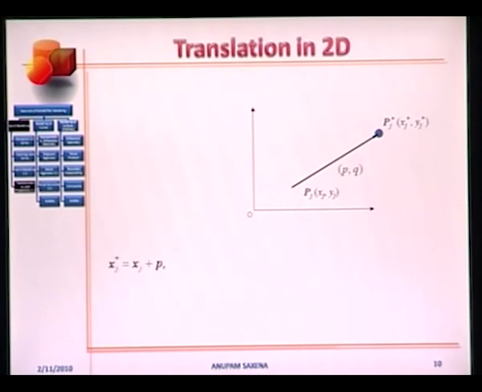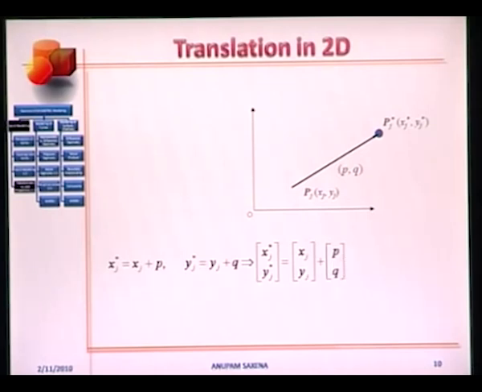Xj star equals xj plus p, yj star equals yj plus q. Once again, I can write these two equations in compact matrix form. Column vector xj star yj star equals column vector xj yj plus column vector p q.